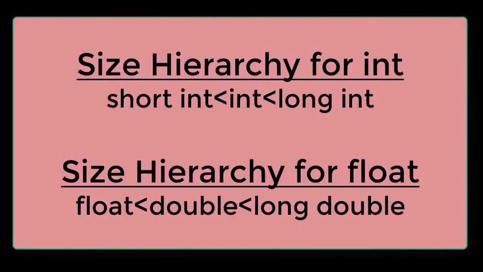Here we can see the size hierarchy for int, that is integer, which says short int is the smallest, then comes int, and highest is the long int. And then for the size hierarchy for float data type, float is the smallest, then comes double, and long double is the highest.